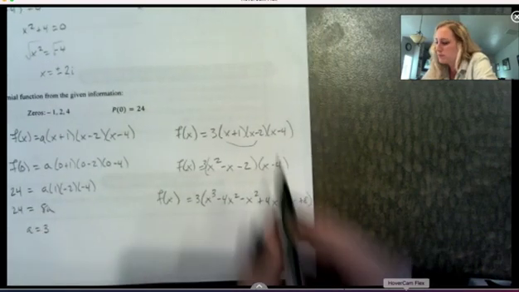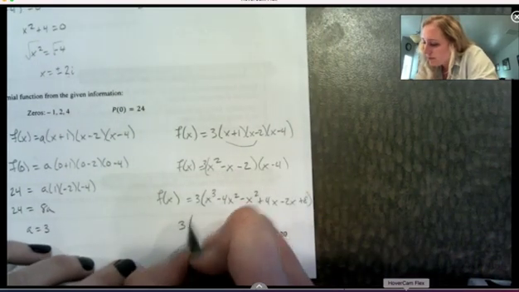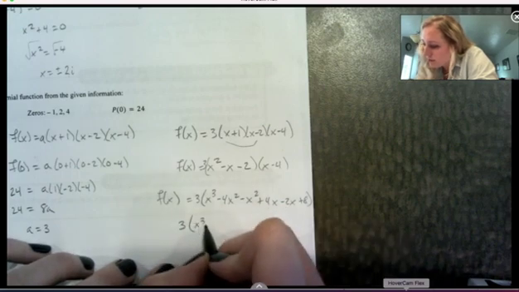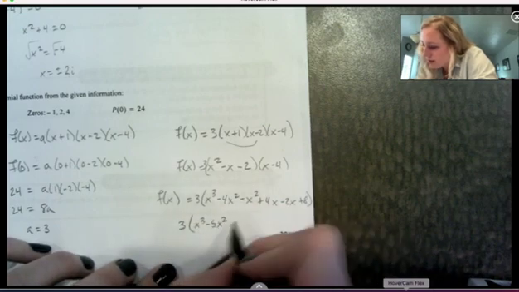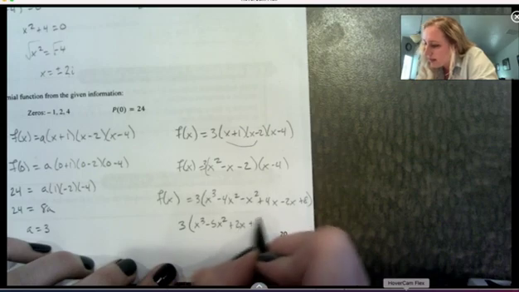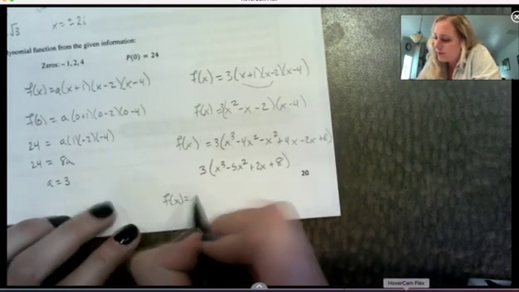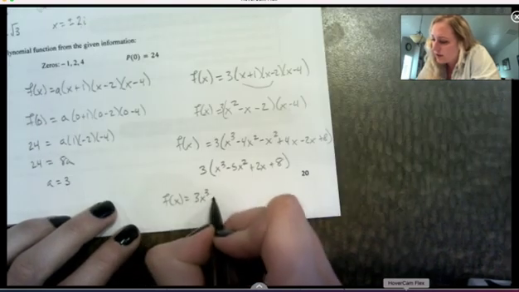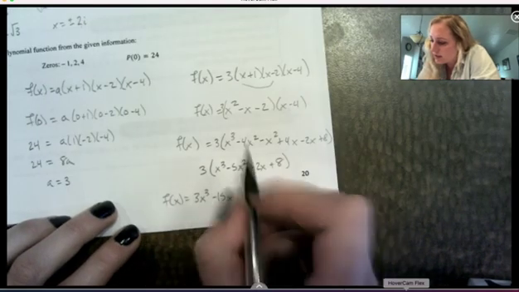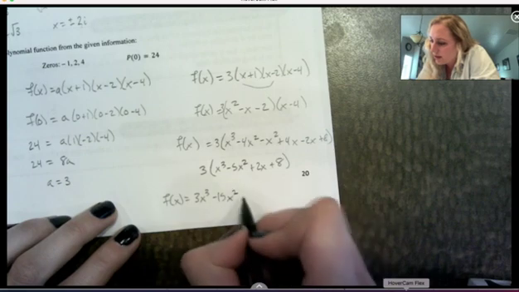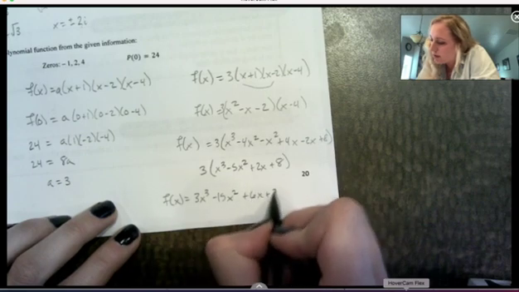Combine some like terms. X cubed minus 5x squared plus 2x plus 8, all multiplied by 3. 3x to the third minus 15x squared plus 6x plus 24.